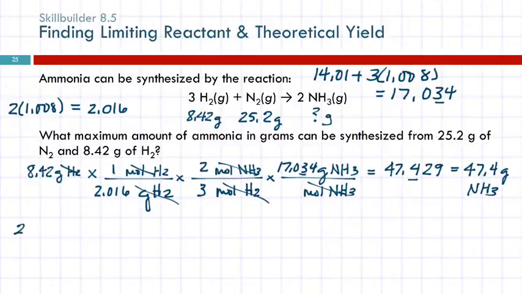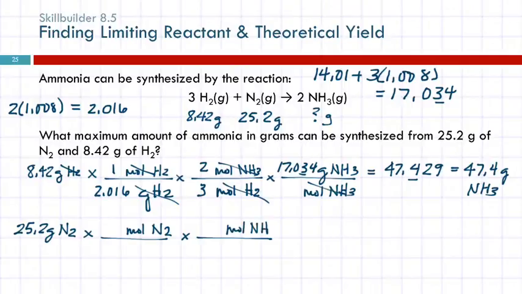Okay, so the nitrogen, 25.2 grams of nitrogen. Very same idea here. We're going to moles of nitrogen, and then moles of our product, and then grams of our product.